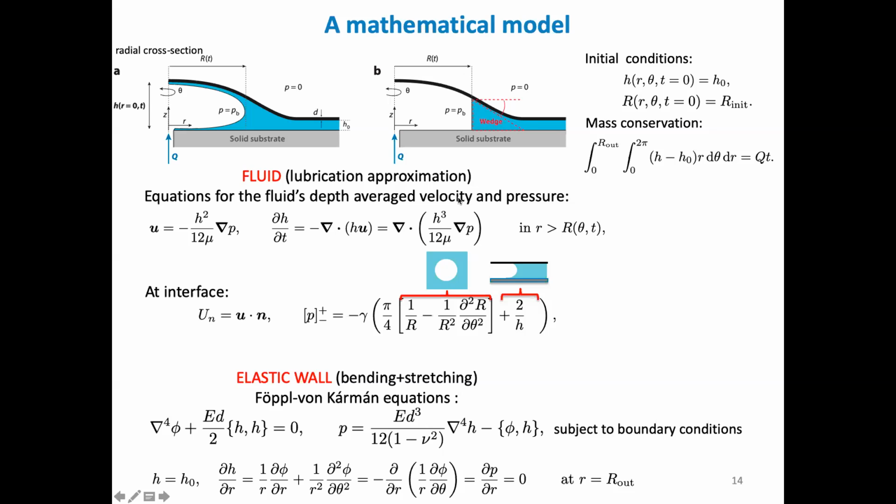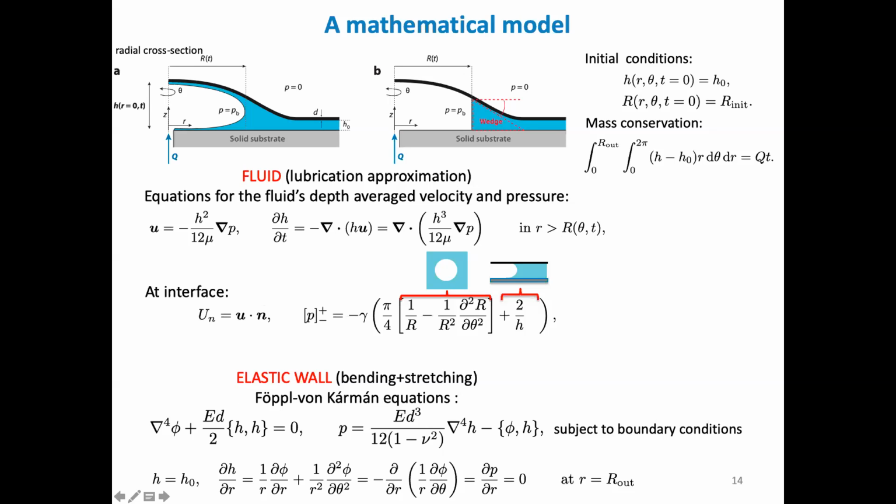All of this then needs to be coupled to what the elastic wall is doing, and that's what's happening here. What we observed in our experiments is that our elastic walls were not just bending, they were also stretching. And so we coupled these equations to the simplest equations for thin membranes that capture both the stretching and the bending behavior. Those were the Föppl-von Kármán equations.